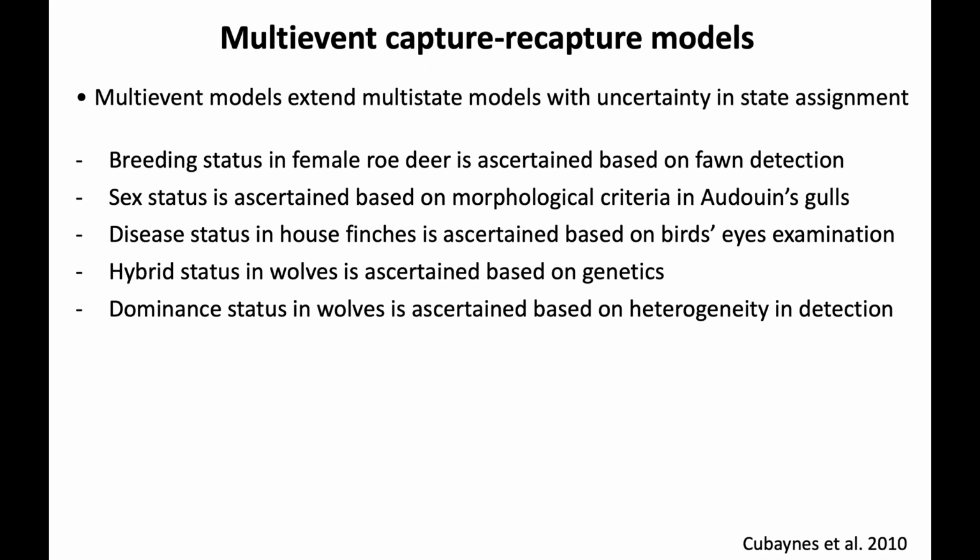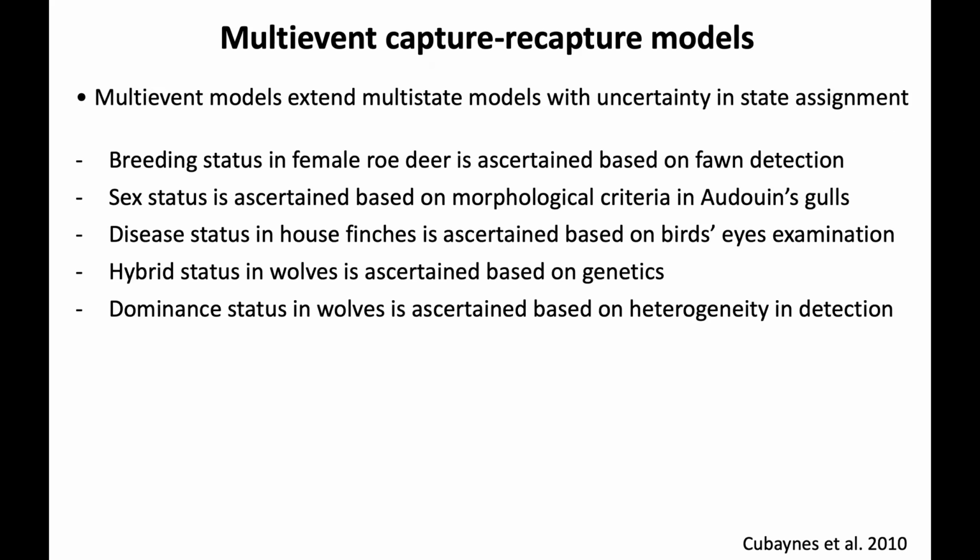The dominant status in wolves in this particular population in France, we tried to assess it based on heterogeneity in detection, and the fact that individuals that are highly capturable are dominant, and the other ones are non-dominant.